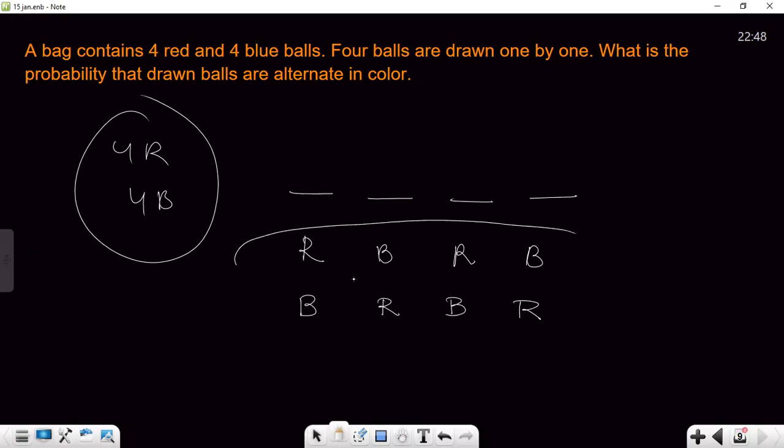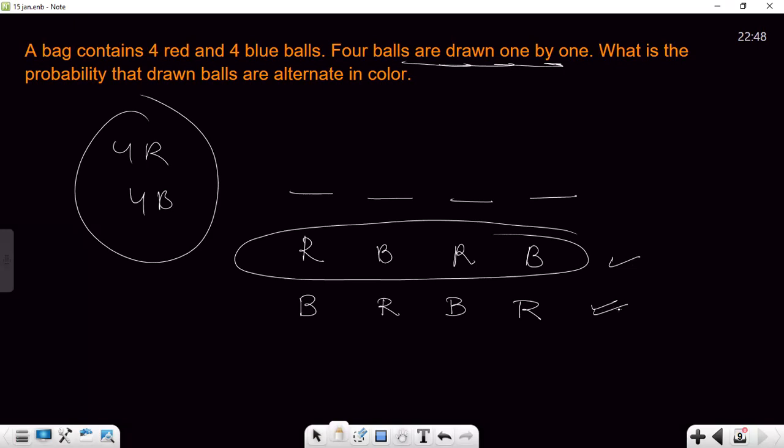Because this event in itself completes our case. What was our event? Withdrawing 4 balls. And this event is withdrawing 4 balls. Yes, it is doing so, so it's an independent event. Discussing the next, this is also an independent event. This is also withdrawing 4 balls, so it's a complete event.